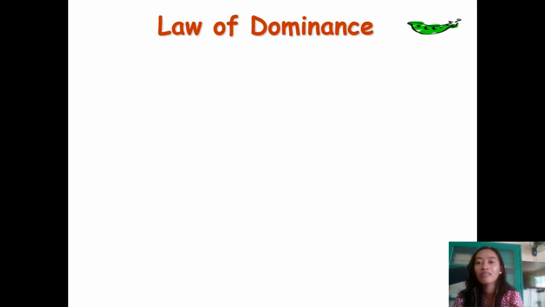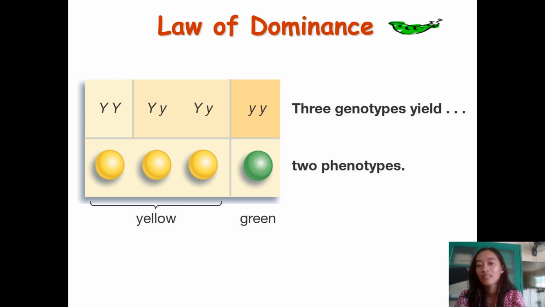Ana, law of dominance. There might be 3 different genotypes. This, and this. And this. Ay, same rin ni silang duha. So 3 different, but there are only 2 phenotypes which will be physically seen. So usa kaya ay tulo ka yellow, then green.